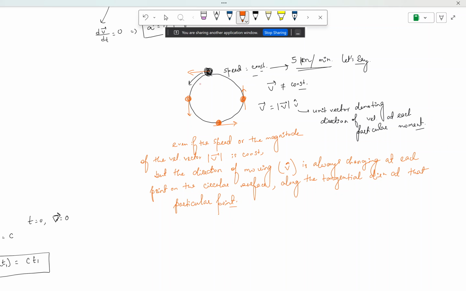So as I have shown you, at every point a tangent direction can be drawn, and the velocity will be directed along this direction.